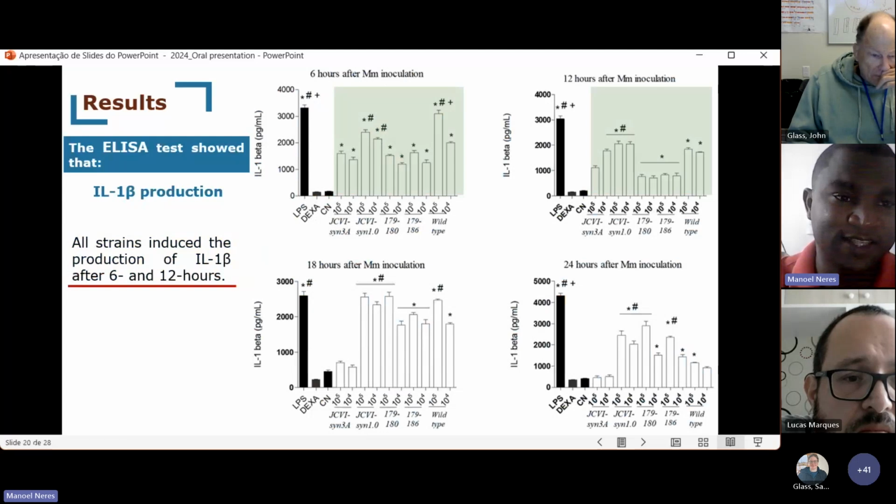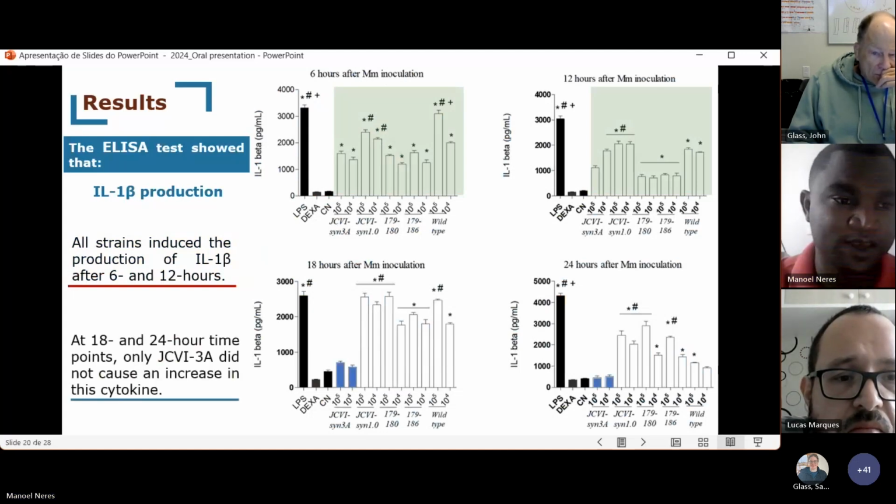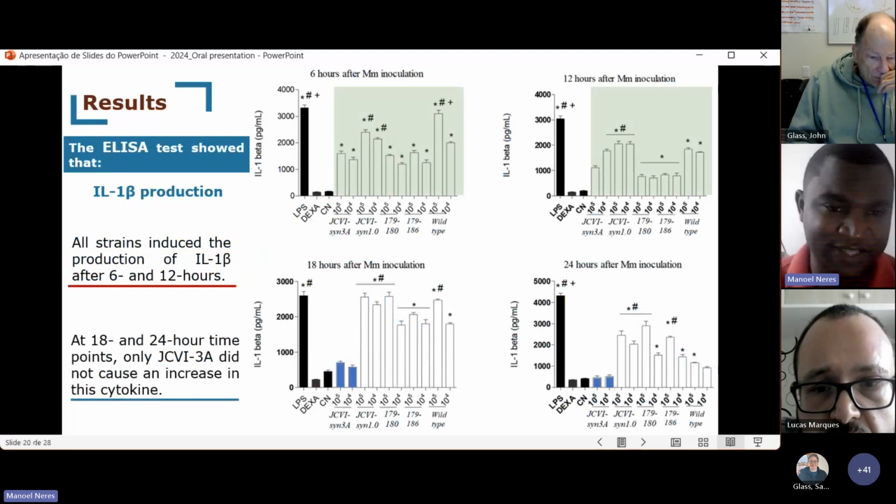In the ELISA test, IL-1 beta analysis showed that all strains induced the production of IL-1 beta after 6 and 12 hours. At 18 and 24 hours time points, only JCVI-syn3A didn't cause an increase in the cytokine, as you can see in the graph.